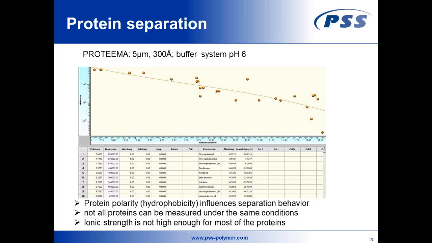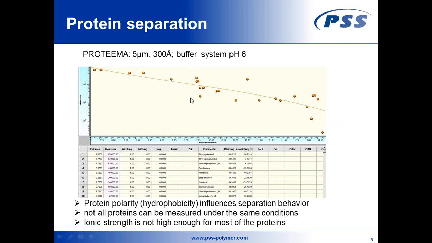If you get something as indicated here, where you barely see a dependency of the size of the molecules on the elution time or elution volume of the protein, then you can be quite sure that you're not under robust SEC conditions to measure proteins.